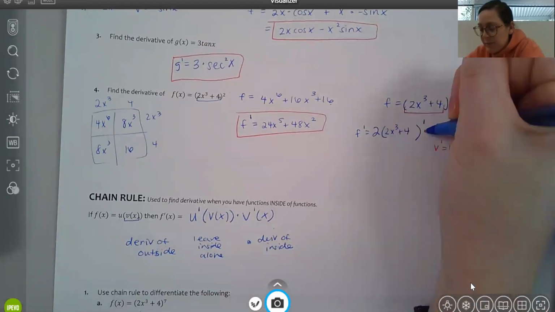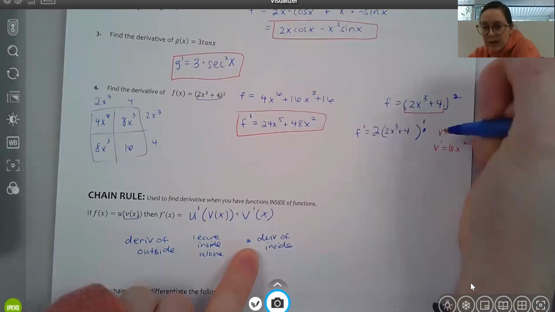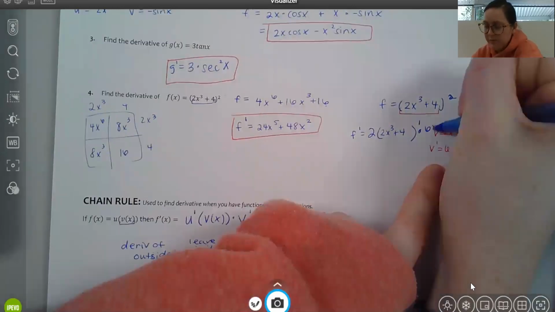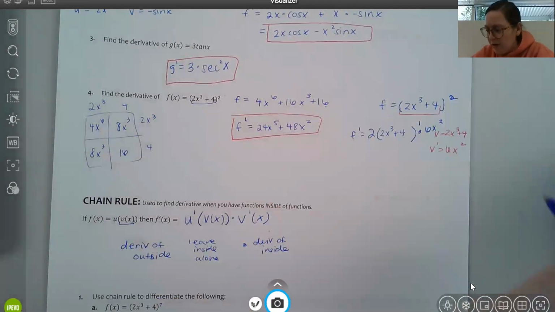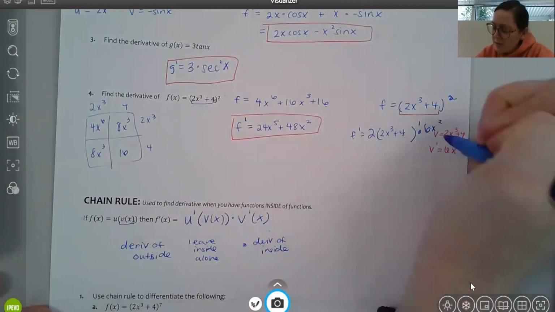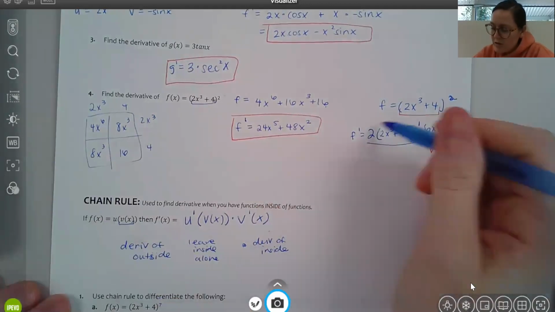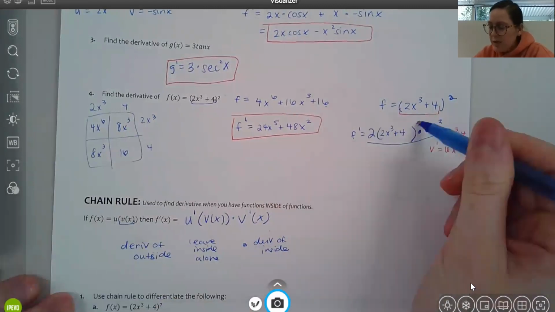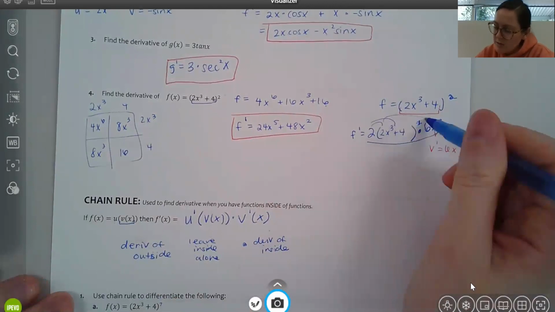And then the last step is I need to multiply by the derivative of the inside. I already found that, so it's times 6x squared. Now this is not a super neat answer. This is just to the 1 power, so you don't have to write it. I'm going to distribute my 2 and my 6x squared.